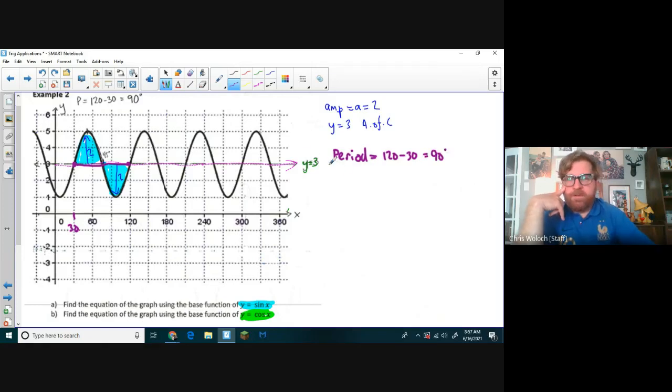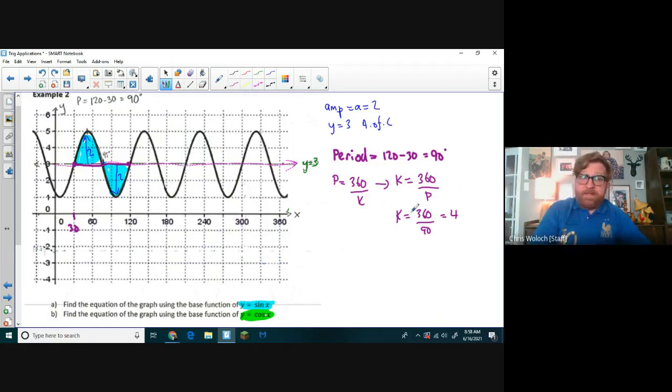So to find the k value, the period equals 360 over k. I can literally just rearrange it and say, to find k, I just go 360 divided by the period. So 360 over 90. So k equals 4.